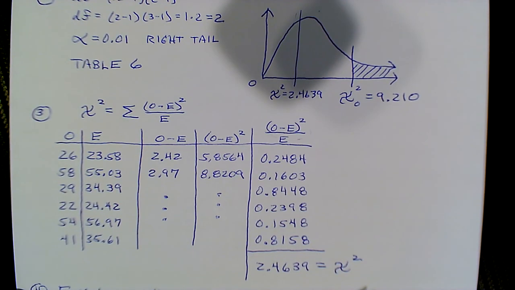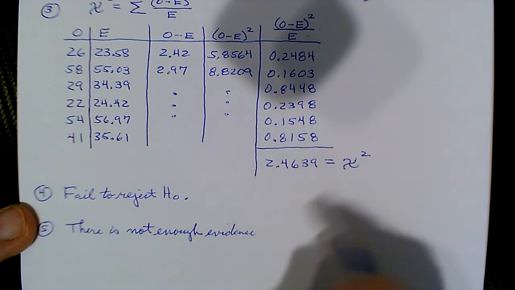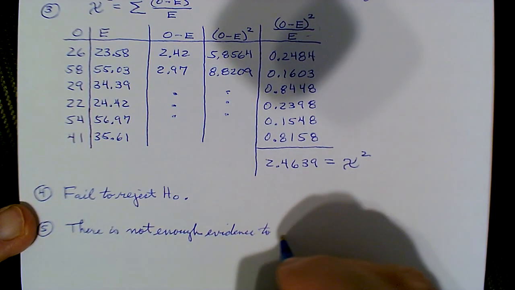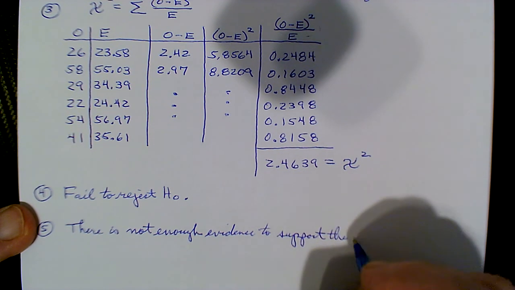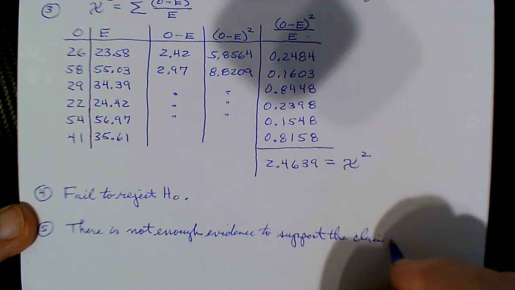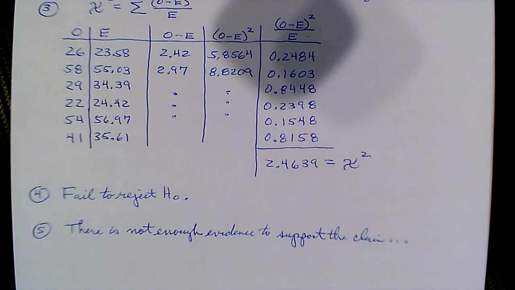Remember, when HA is the claim, the word support is in the answer. Since it's probably not true, we could say there is not enough evidence to support the claim. And then you could finish it up, of course, by saying that study hours is dependent on gender.